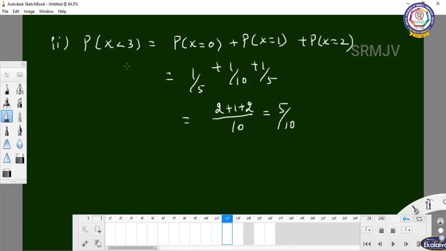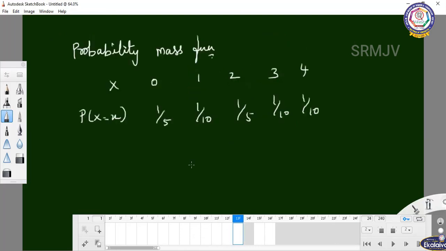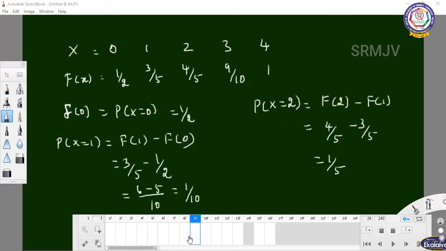So P of x less than 3 means x equal to 0, 1 and 2. So what are the values? 1 by 5, 1 by 10 and 1 by 5. So 10 is the LCM. See here, 5 by 10, that is 1 by 2. Why does P of x equal to 0 mean 1 by 2?